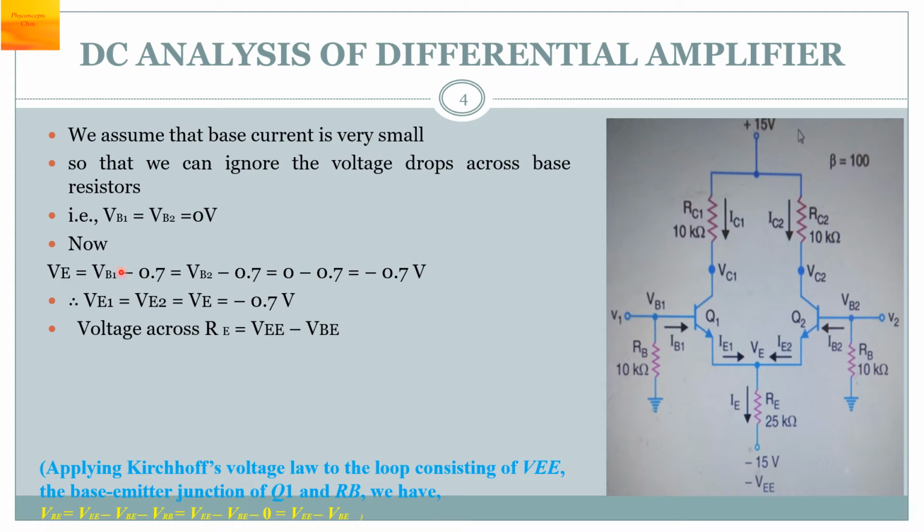VRB is actually the base voltage which we have assumed as 0 volt. So that is substituted here. So we get VRE as VEE minus VBE. So the current in the emitter resistor can be written as the voltage across the emitter resistor, VEE minus VBE, divided by RE. This is called the tail current.